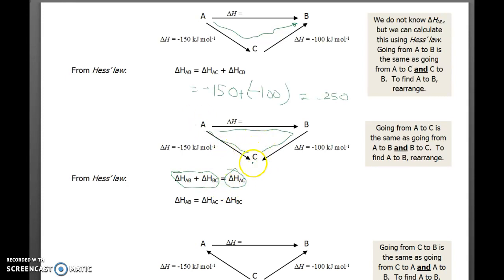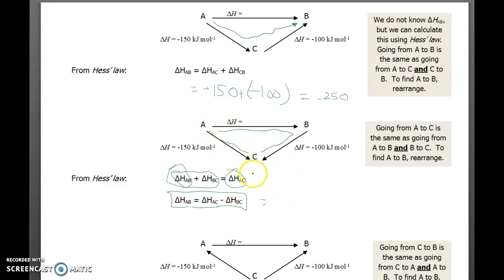So if we want to know what the enthalpy change is for A to B, we have to rearrange our equation here. If we subtract the enthalpy change for B to C from both sides, we're left with this equation here, which we can now substitute our values into.